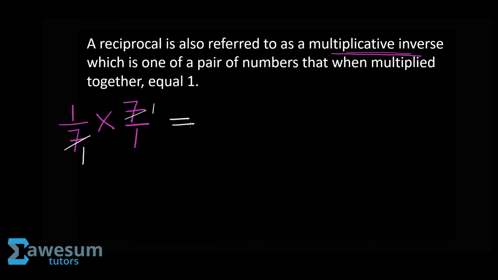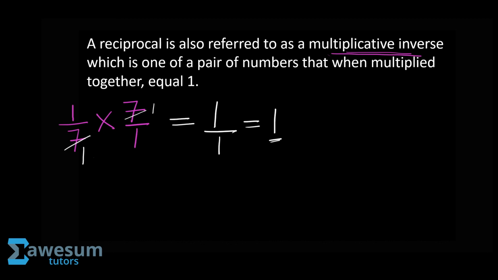At the end of the day, what you have is 1 times 1 is 1 over 1 times 1 is 1. So your final answer right here is 1. So what we are saying right here is when you multiply a number by its reciprocal, you get 1.